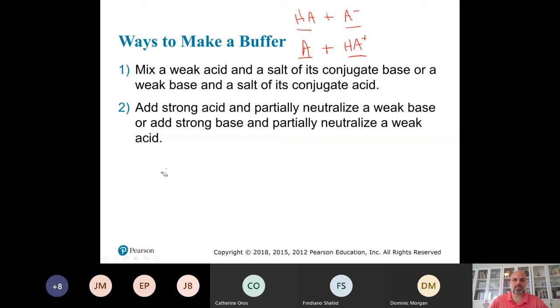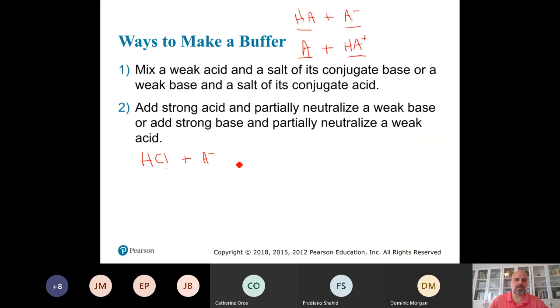We're going to have HCl, and we're going to partially neutralize a weak base, so you're going to react this with some type of A minus.